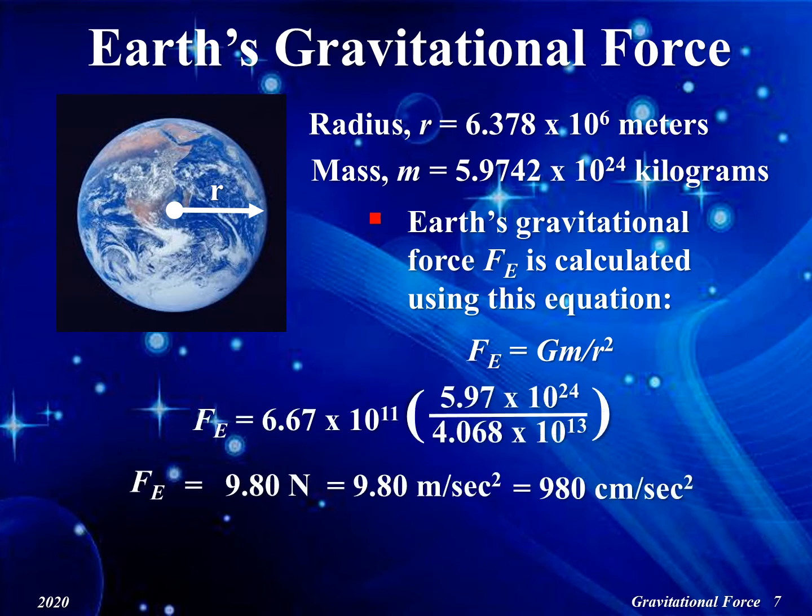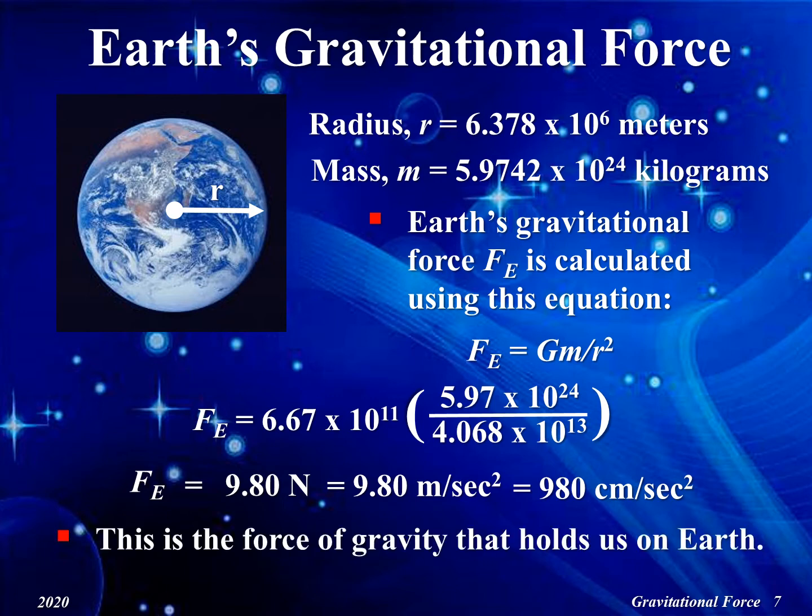The Earth's gravitational force is calculated using the equation shown, where F is equal to the universal gravitational constant, G, times the mass, m, divided by the radius, r squared. The force of gravity that holds us on Earth is then calculated to be 9.79 newtons. However, this value is usually rounded to 9.80 newtons. This is equivalent to 9.80 meters per second squared, or 980 centimeters per second squared.